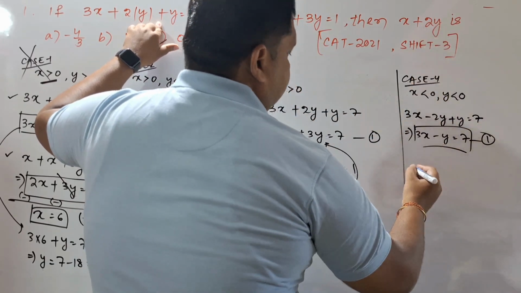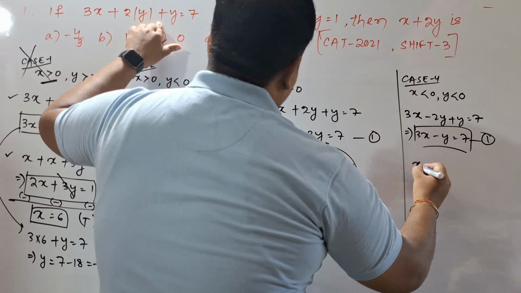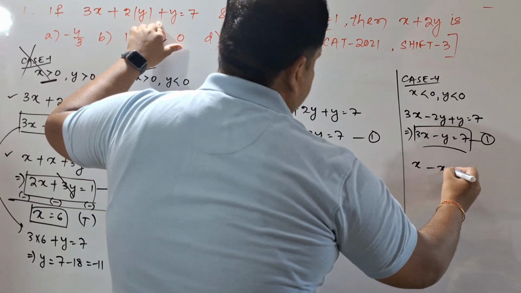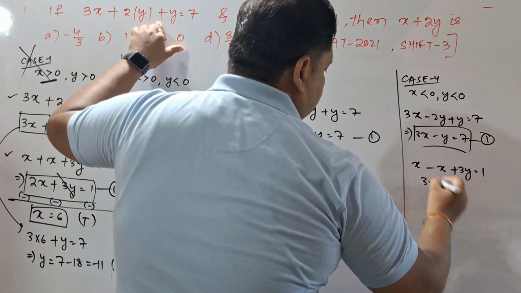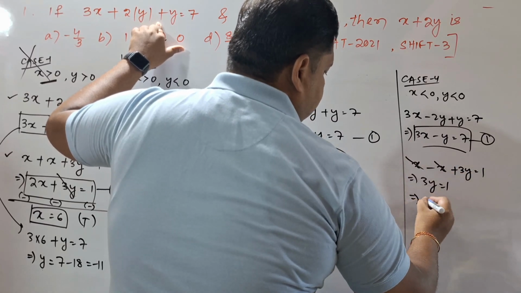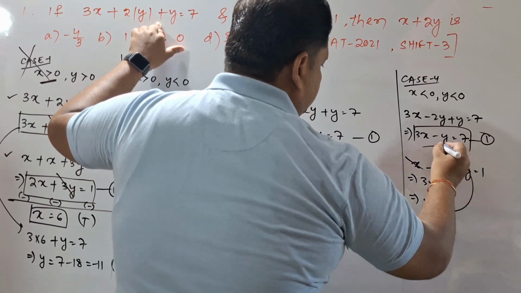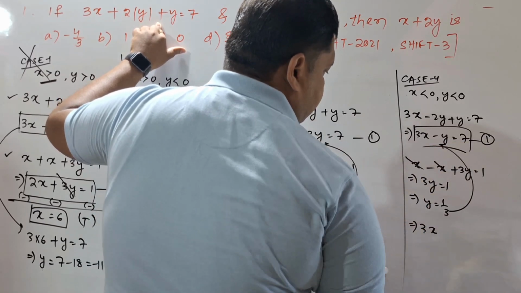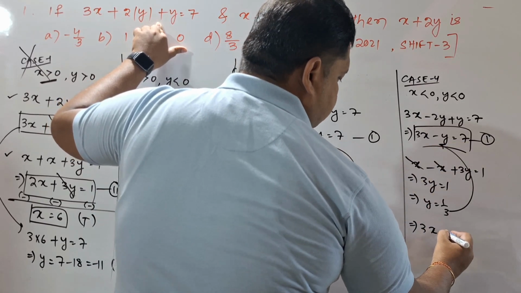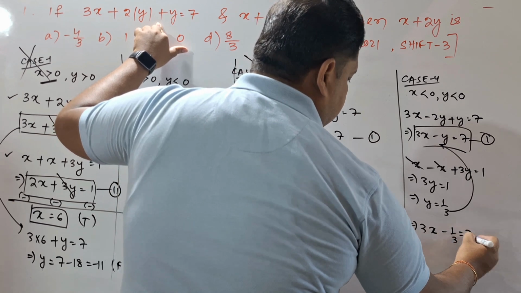And in this equation, x minus x plus 3y is equal to 1. So 3y is equal to 1, so y is equal to 1 by 3. If I put the y value here, 3 into x minus 1 by 3 is equal to 7.